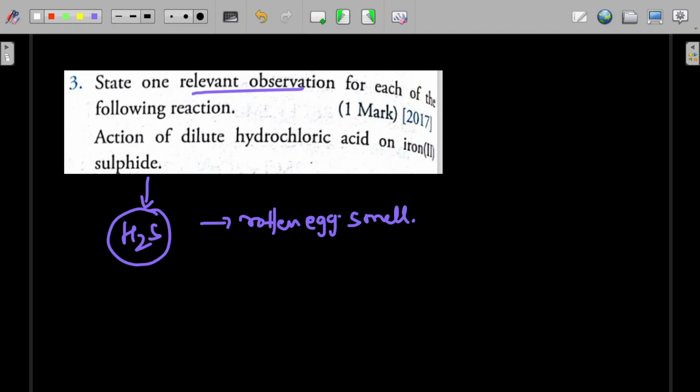It turns acidified potassium permanganate pink to colorless. But that is also shown by SO2 gas. So it turns moist lead acetate paper silvery black. That one you have to write.